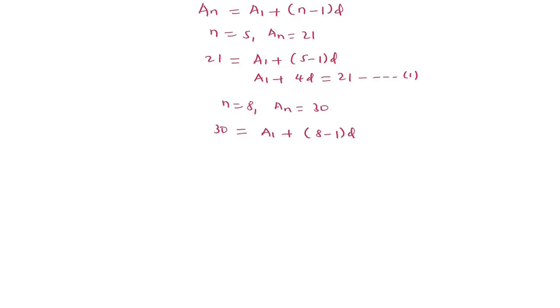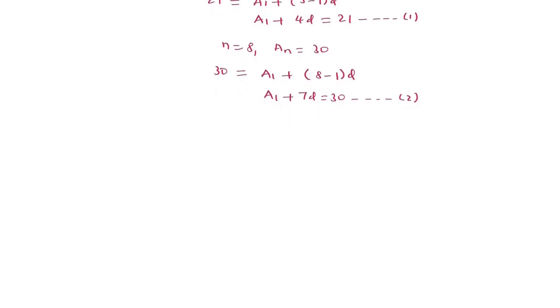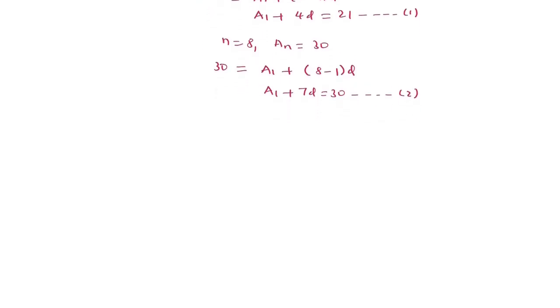Simplifying and rearranging, we get a1 plus 7d equals 30, and we are going to call this equation number 2. So now we have two simultaneous equations.